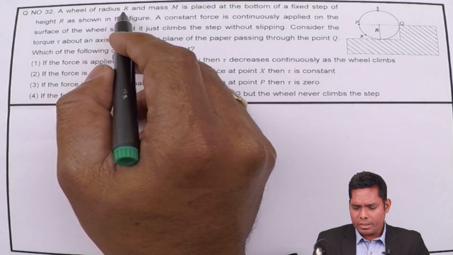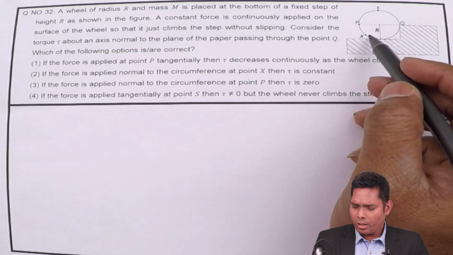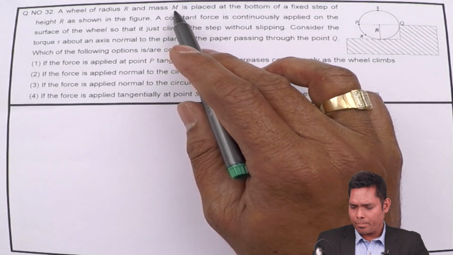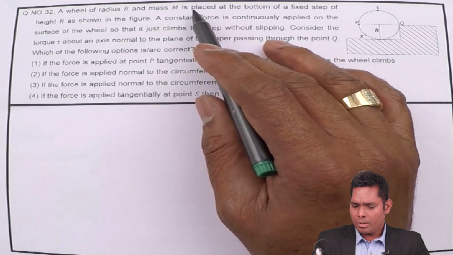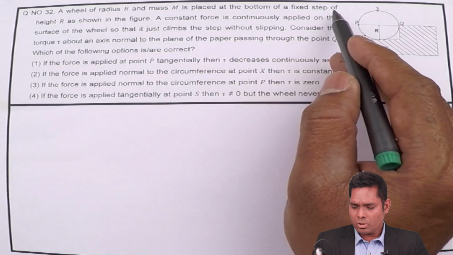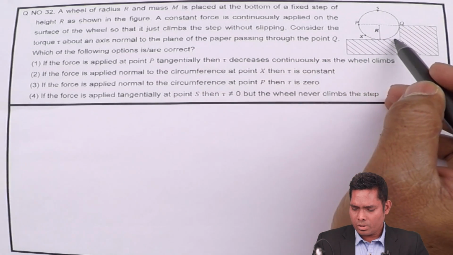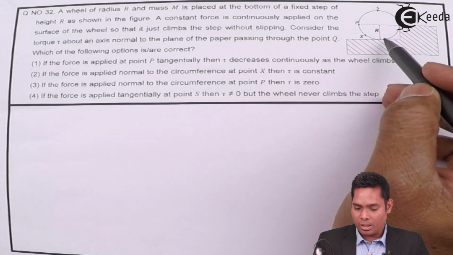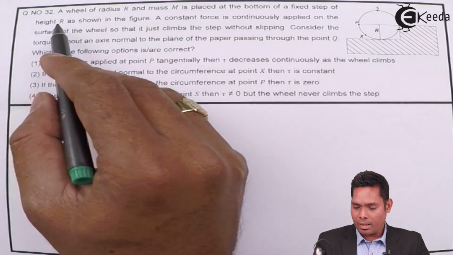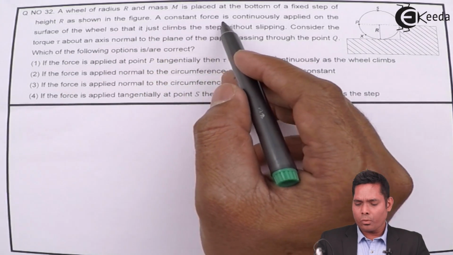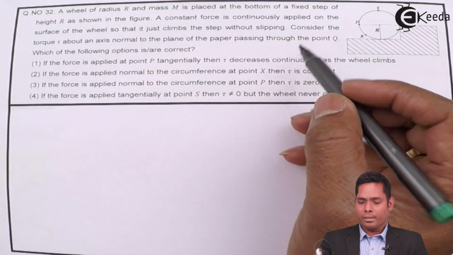A wheel of radius r and mass m is placed at the bottom of a fixed step. This is the step, of height r, as shown in the figure.